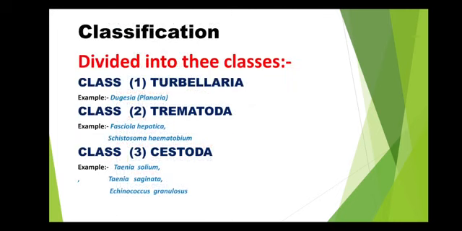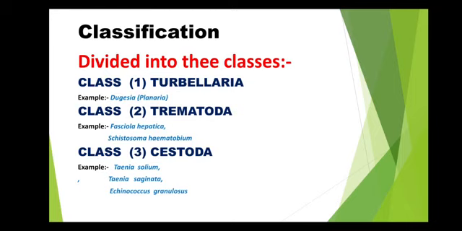Then after, I discuss classification and types of classes. Platyhelminthes are divided into 3 classes. Class first, Turbellaria, example Euplanaria or planaria.